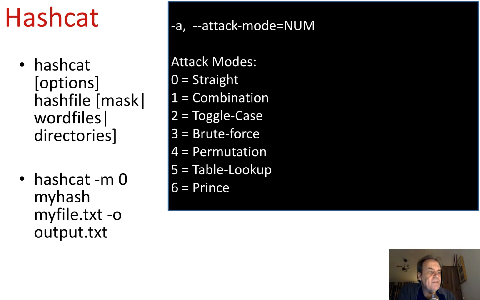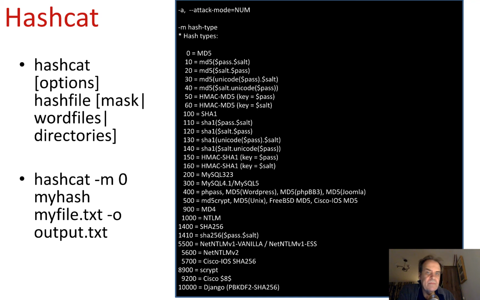So the attack modes that we can use, as we saw, are these ones here. A combination attack allows us to combine words together. Brute force will go through combinations of letters, and so on. Okay, so the hashing method is the -m. So we should know the type of hash that we have.